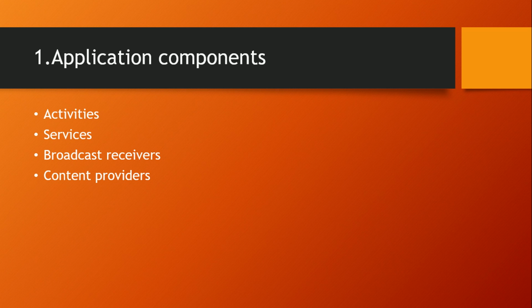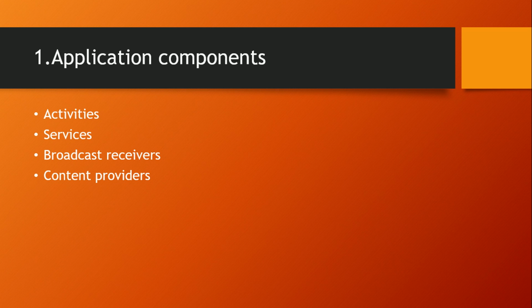The app components are the essential building blocks of an Android app. Each component is an entry point through which the system or a user can enter your app. And also you guys have to know that some components can depend on others.